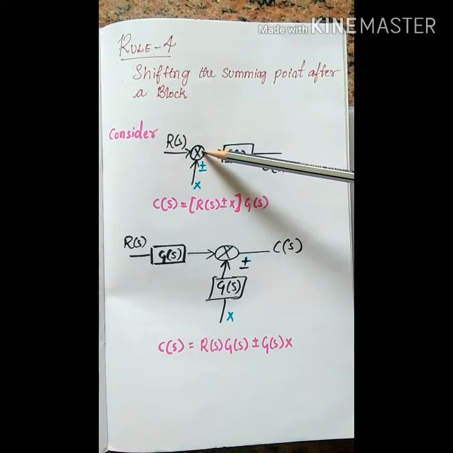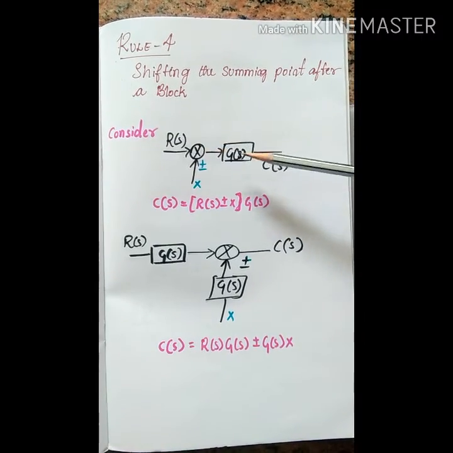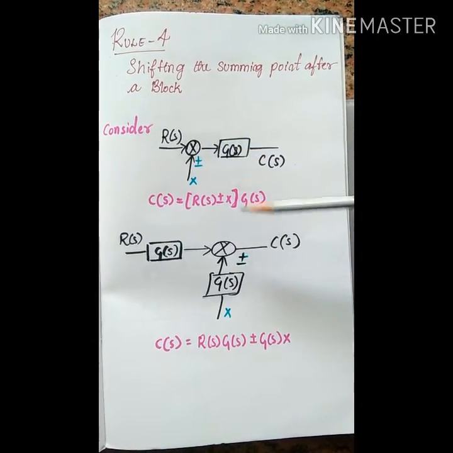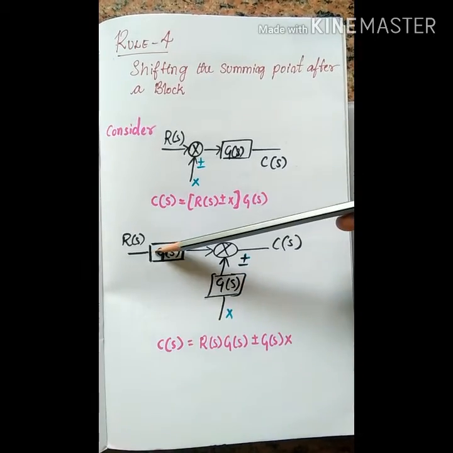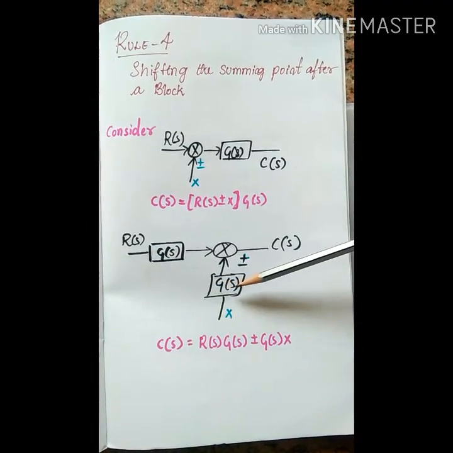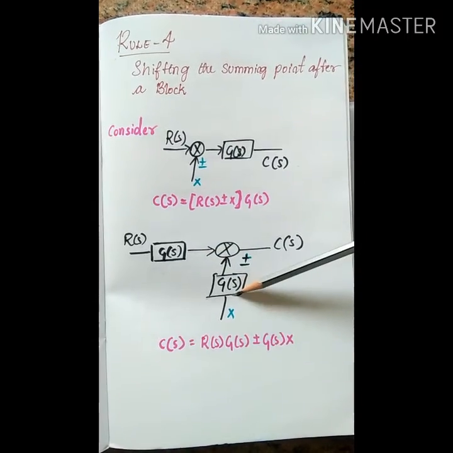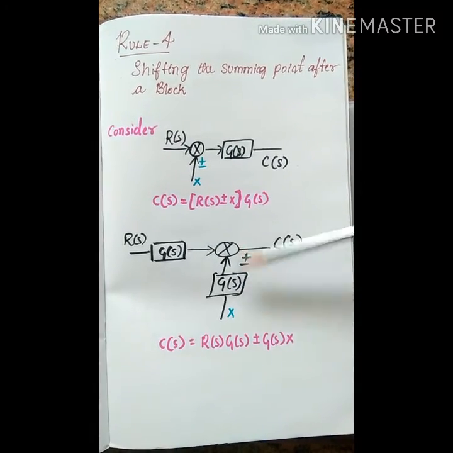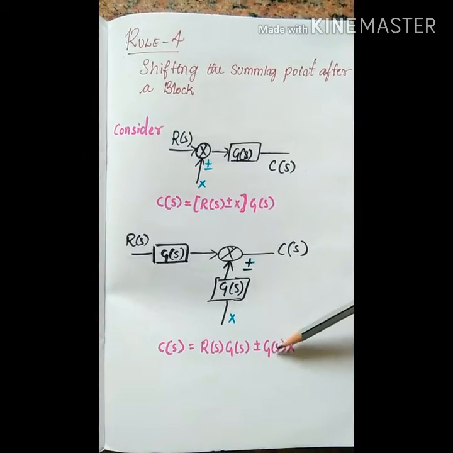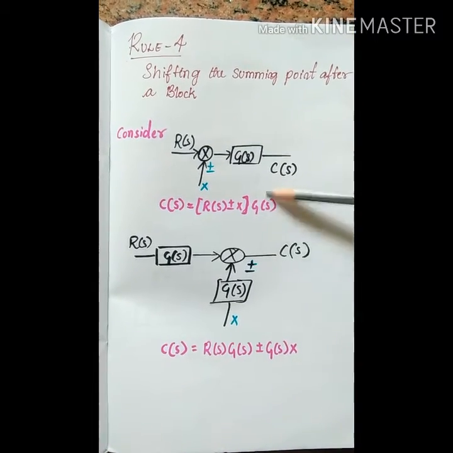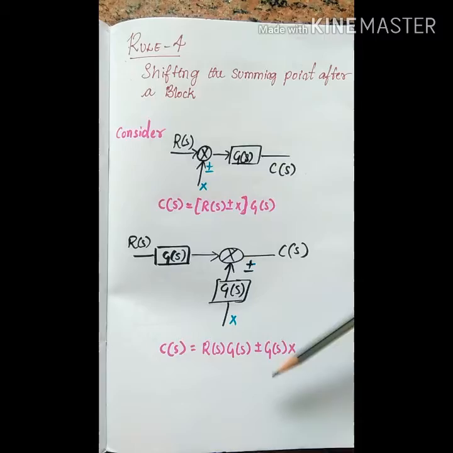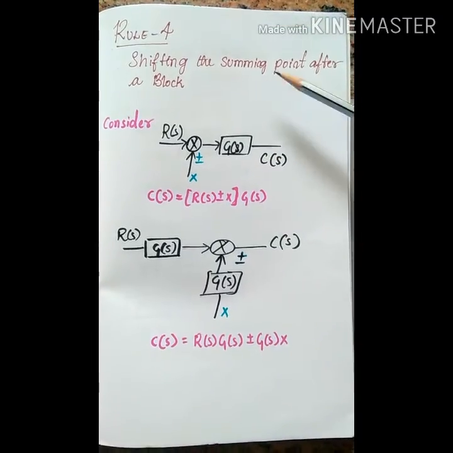Now when I need to shift this summing point after this G of s block, I simply need to multiply the gain block. Now the gain block here is G of s, so you need to multiply G of s with the summing point. Then the output remains the same for this block and this block. Only if the output remains the same, rule 4 is satisfied.